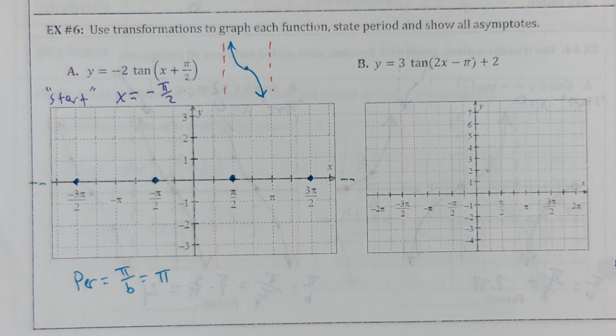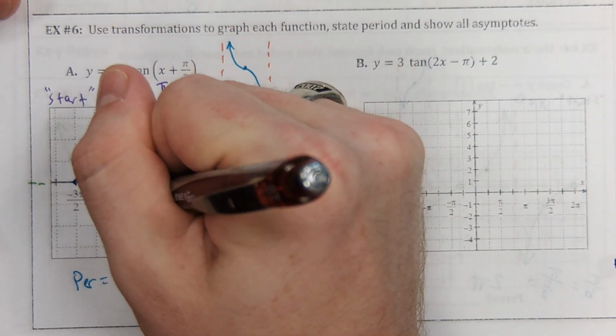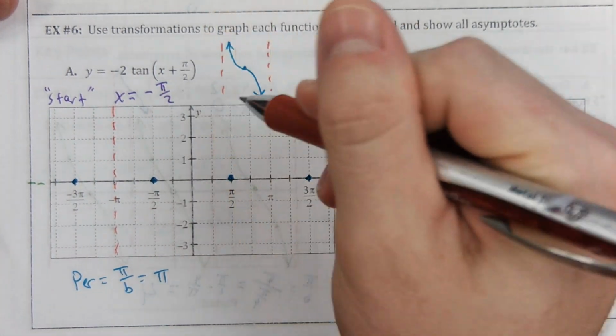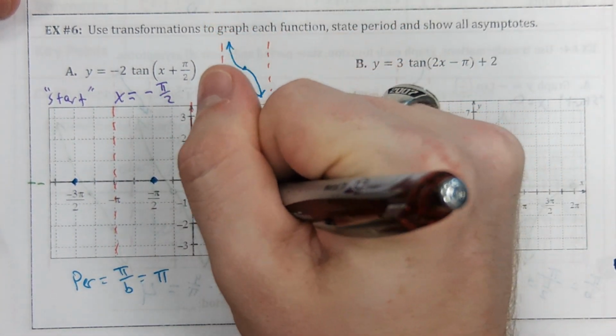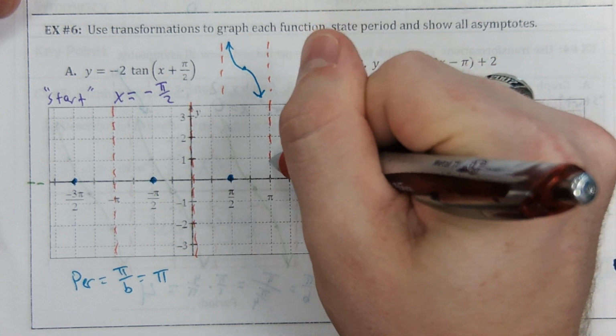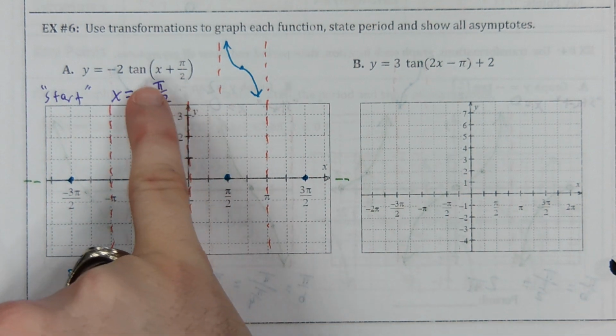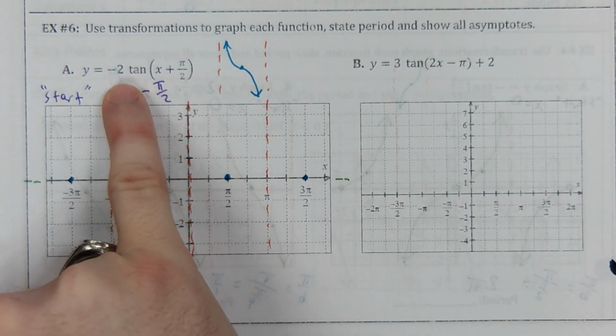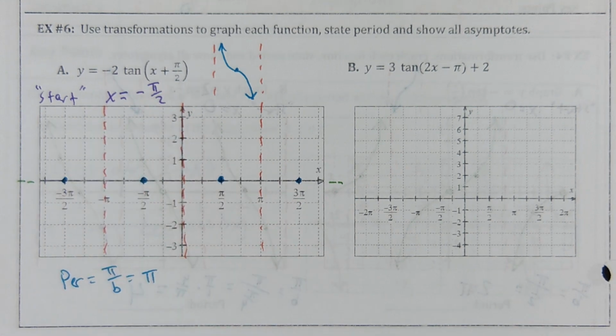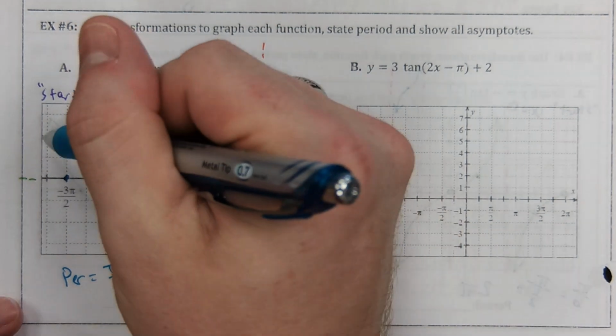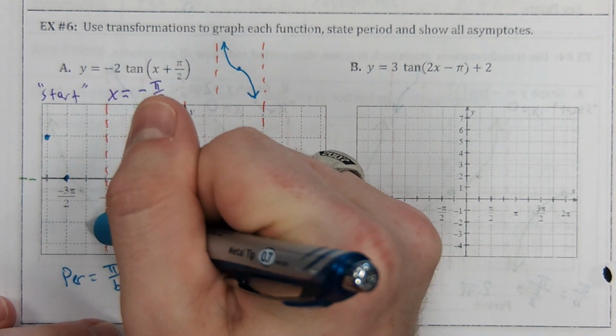Halfway between all those blue dots is where I'm going to find my vertical asymptotes, or infinite discontinuities, let's say. And we go left up to, right down to, from all of our inflection points, halfway between our inflection points and our asymptotes.